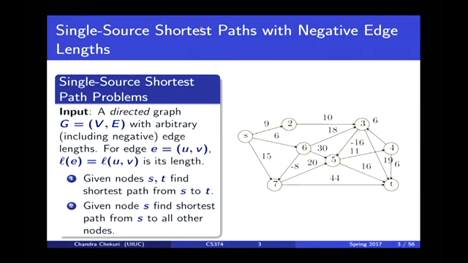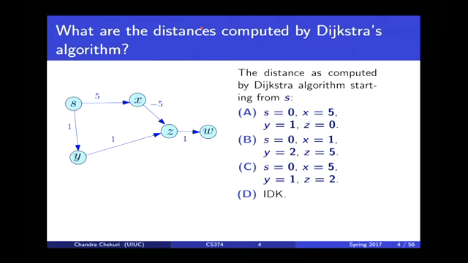Let's see. What is the shortest path distance from S to W in this graph? Simple graph. One. If you go this way, the length is 5 minus 5 plus 1.